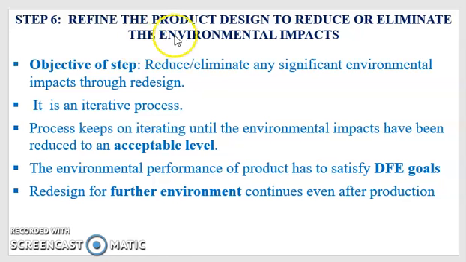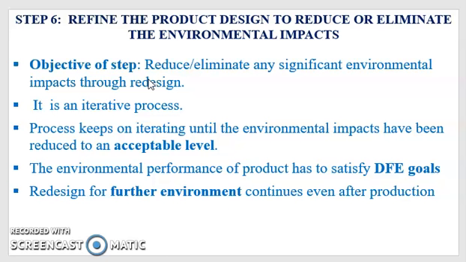Next step is to refine the product design to reduce or eliminate the environmental impacts. The objective of this step is to reduce or eliminate any significant environmental impact through redesign of the existing product. It is an iterative process. The entire DFE process keeps on repeating until the environmental impacts have been reduced to an acceptable level.